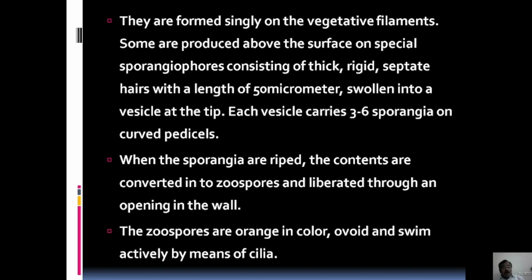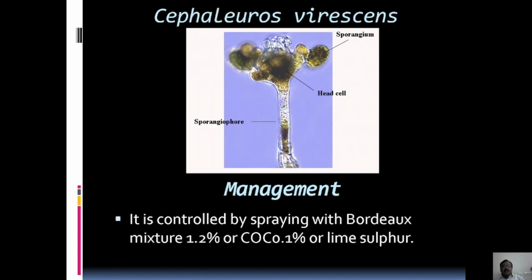When the sporangia mature, the contents are released into the environment, and these zoospores are orange in color, ovoid, and swim actively by means of their flagella. This is the typical sporulating structure.